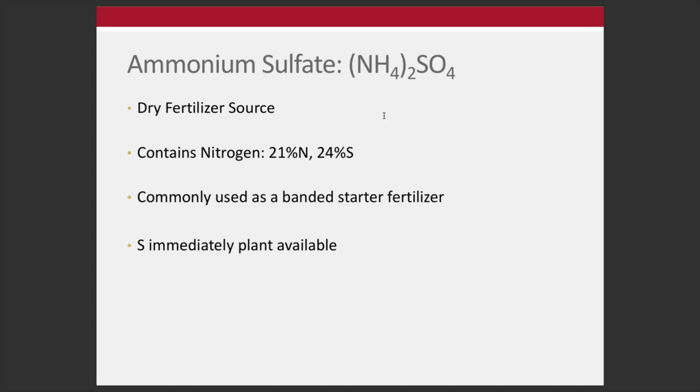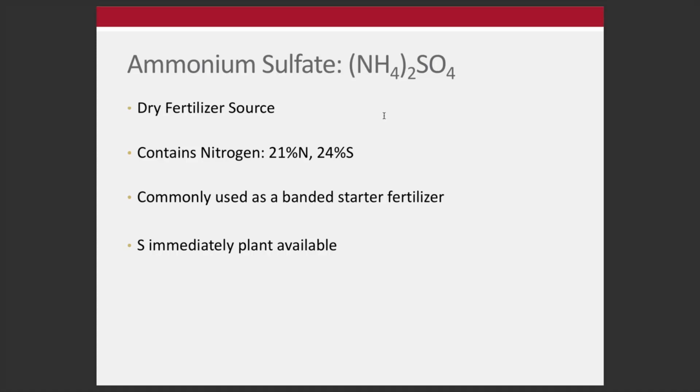Ammonium sulfate, sometimes referred to as AMS. We talked about this in the nitrogen section, but this is an important source of sulfur. It's really kind of the choice when we're thinking about wanting both nitrogen and sulfur as a fertilizer source. It's a dry granular, 21% nitrogen, around 24% sulfur typically.